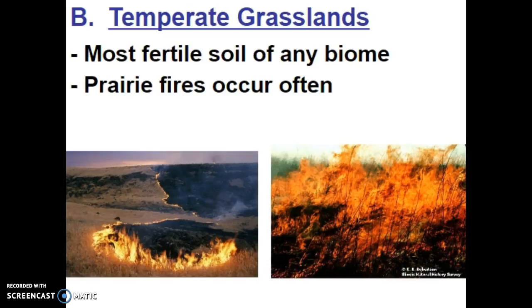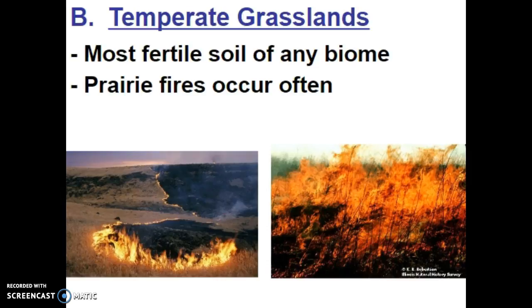Temperate grasslands are found in a lot of different places, within other biomes. In this part of the world, the temperate grasslands would be like Kansas and Nebraska, the very flat plains with a lot of tall grasses.